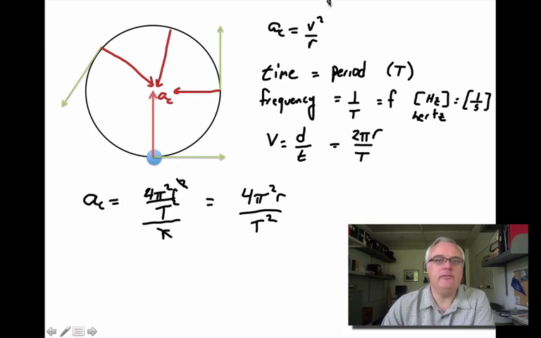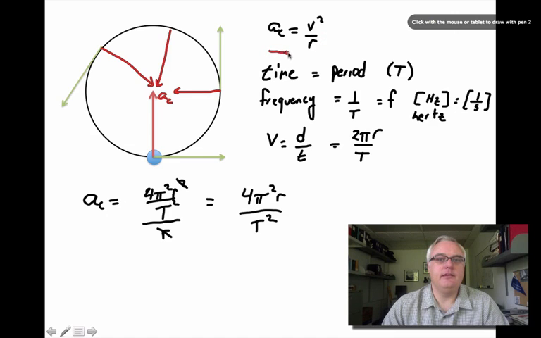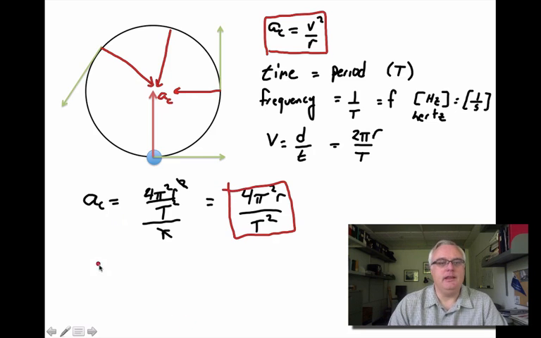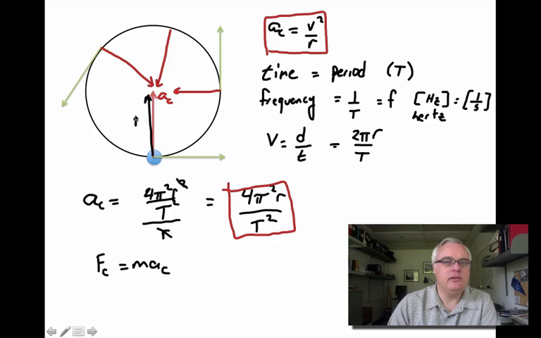So I have two different ways of calculating centripetal acceleration. This method here, if I know the speed of the object, and this equation down here, if I know the period. And now that I know acceleration, I can put that into Newton's equation and find something called the centripetal force, the force that's acting towards the center of the circle, the force that's keeping the ball moving towards the center of the circle.